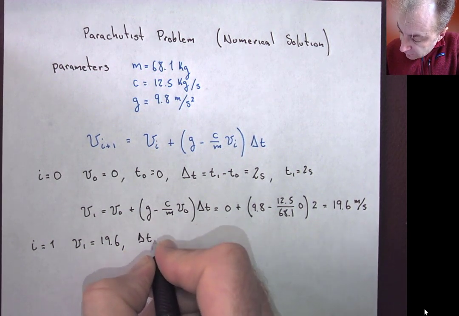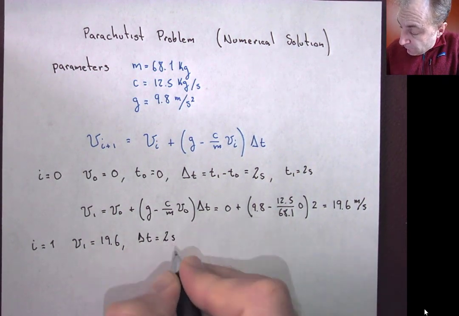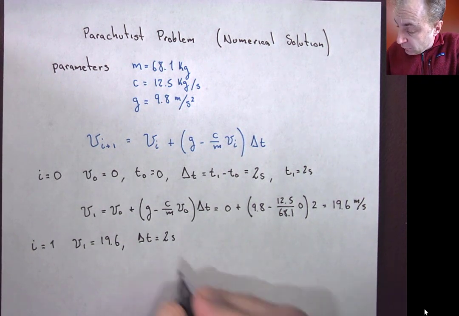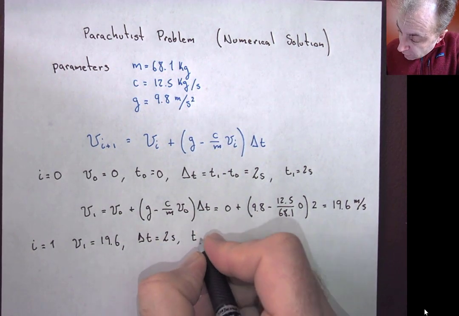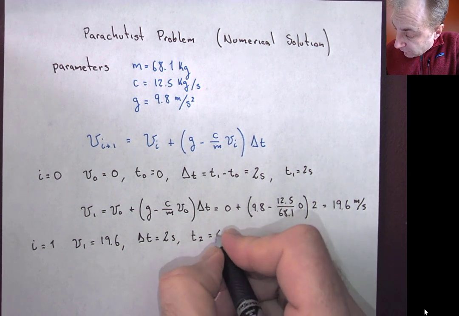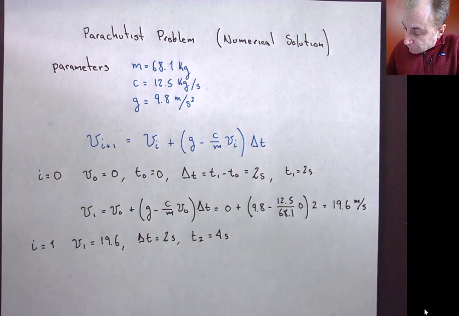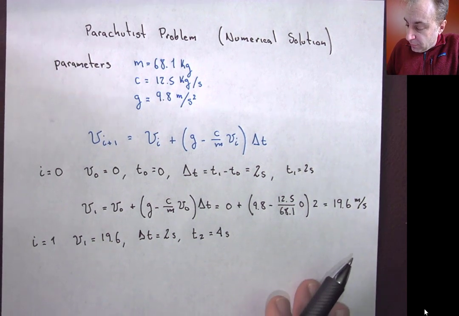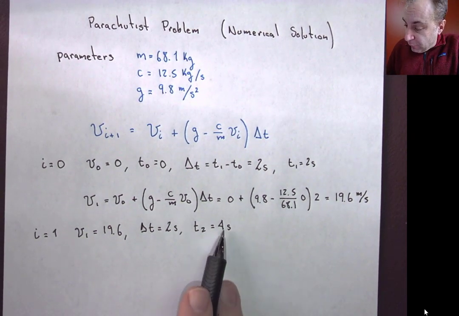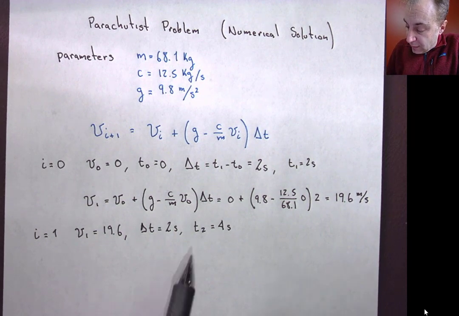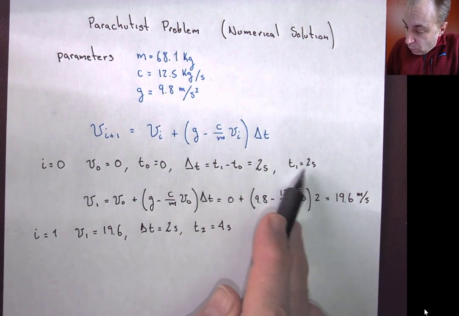Delta t is always going to be 2 seconds, and t2 in this case is going to be 4 seconds. Okay, so t2 is just the valuation at 4 seconds, but the delta t is the difference between t1 and t2.